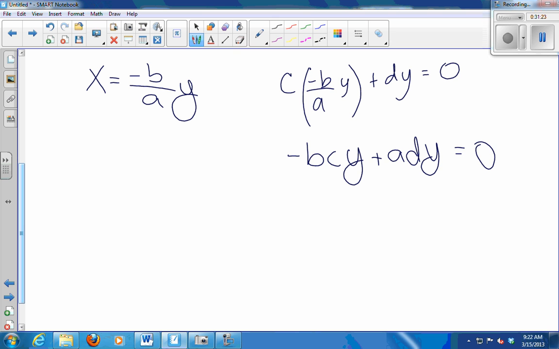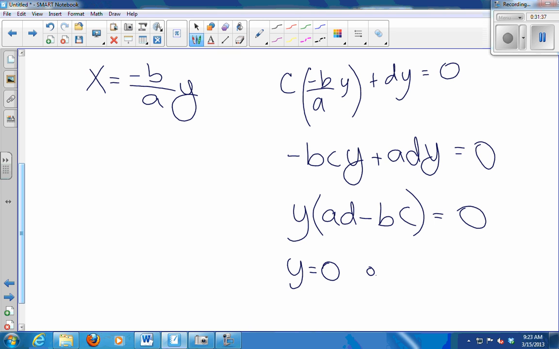So now I can factor out a y. So I have y times (ad minus bc) equals 0. So either y equals 0 or ad minus bc equals 0.